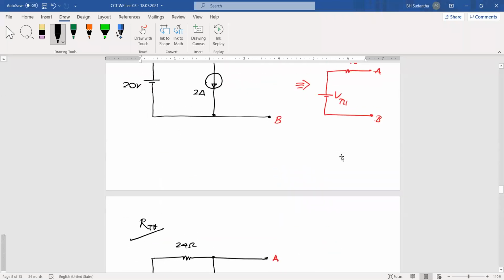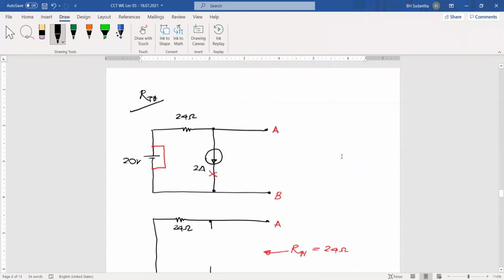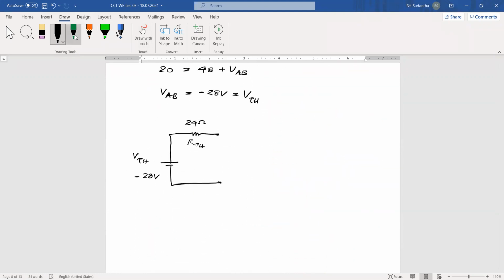Okay, then we can introduce our removed component from before. It's 16 ohm. And we want to find this current IL.